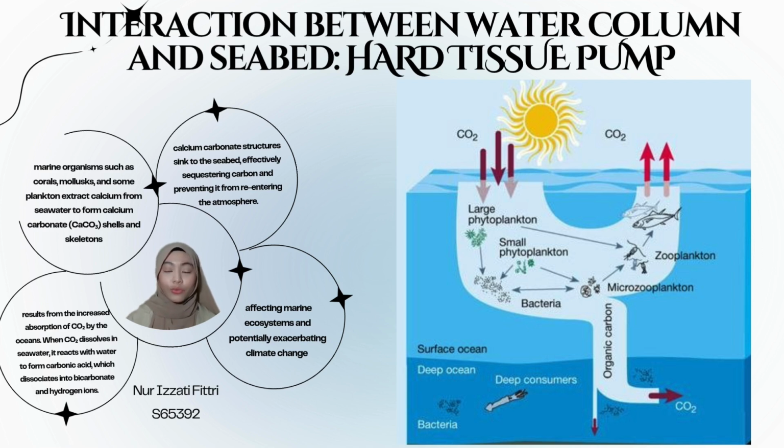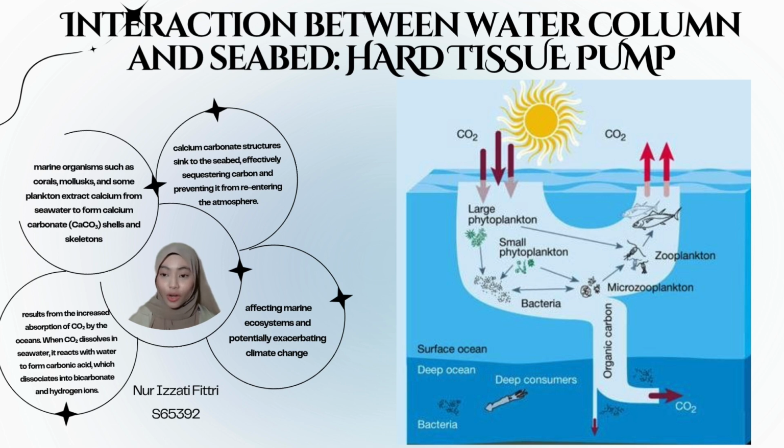Let's begin with the carbon cycle in the ocean. Phytoplankton at the surface absorb carbon dioxide from the atmosphere through photosynthesis, forming the base of the marine food web.